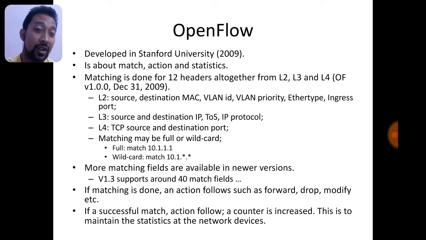In wildcard matching, we are partially matching the field, not matching the complete entity, like matching the first 2 octets of a particular IP address. As I told you, more matching fields are available in the newer versions, and version 1.3 supports around 40 match fields.